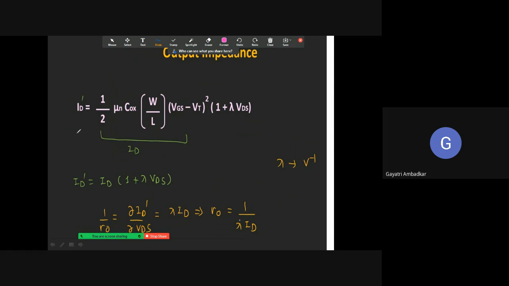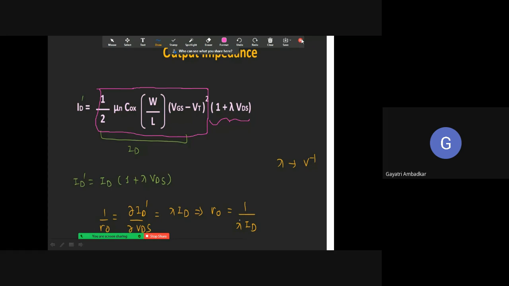So this is our ID, which we have defined for saturation region. But because your ID varies due to channel length modulation, this current gets multiplied by a factor 1 plus lambda VDS. So you remember this. How this came, I told you. So the current becomes a function of 1 plus lambda times VDS.